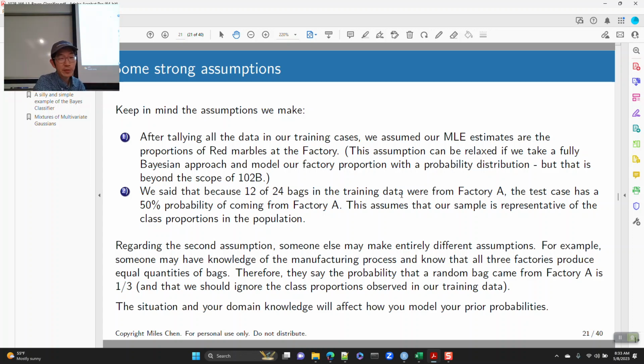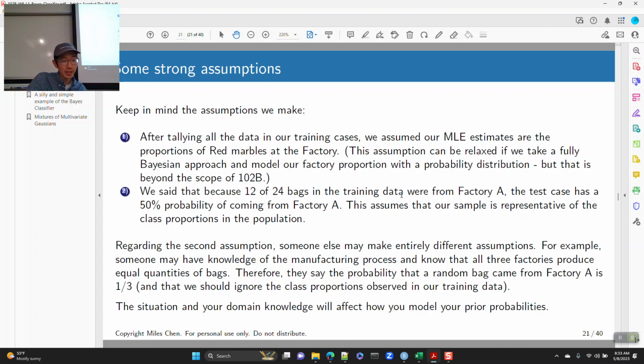Now, if you have more information, you might want to change your prior probabilities. So, for example, if you are at the marble factory or marble company and you go, oh, you know what, factory A, B, and C all have the same marble production output, okay? We can say our prior probabilities are 1/3 for each of these things, okay?